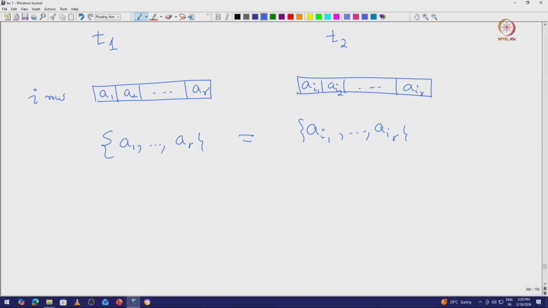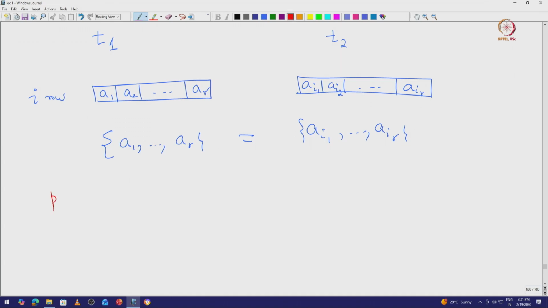Now, to show that sigma T1 is related to sigma T2, we must show that whenever two entries are in the same row of sigma T1, if and only if they are in the same row of sigma T2. Maybe I will relabel the index.